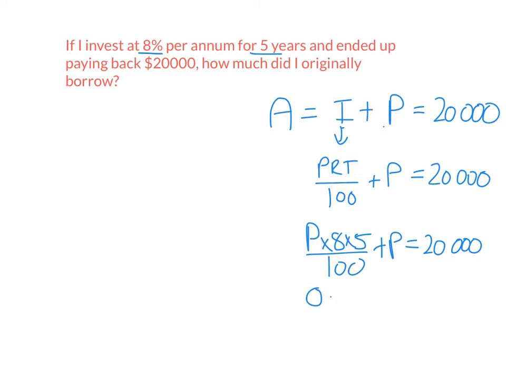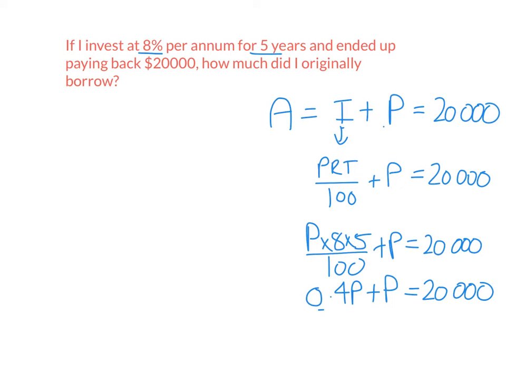You have paid back the principal plus 40% of what you originally borrowed, okay? That happens no matter how much we originally borrowed. If you borrowed at 8% for 5 years, you've paid back 40% of what you originally borrowed.